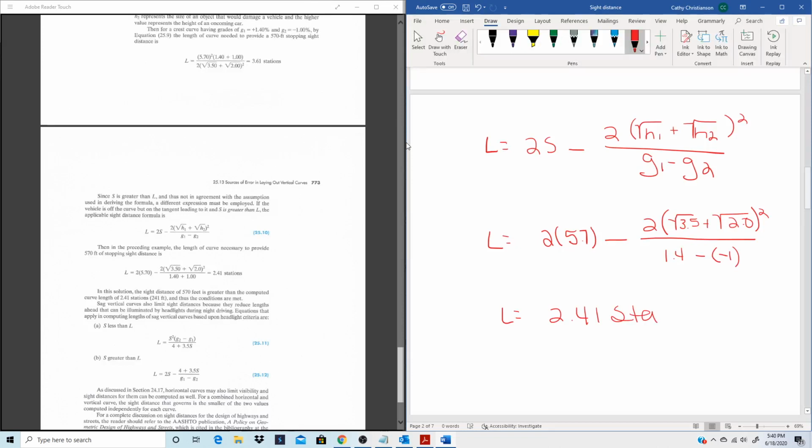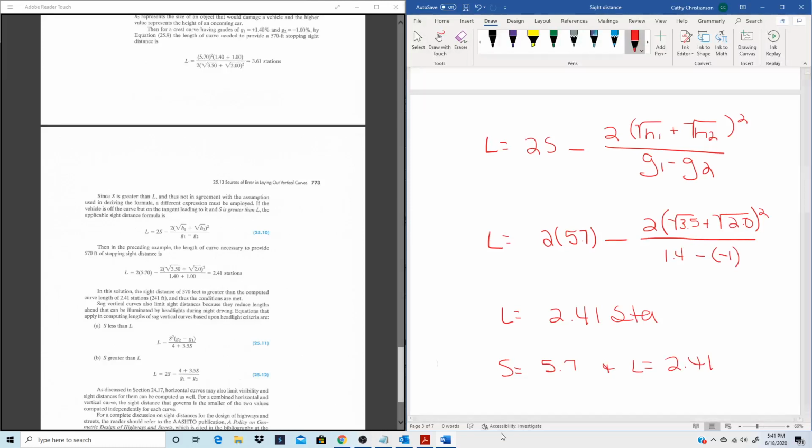So this formula works with S being greater than L. S is 5.7 and L is 2.4.